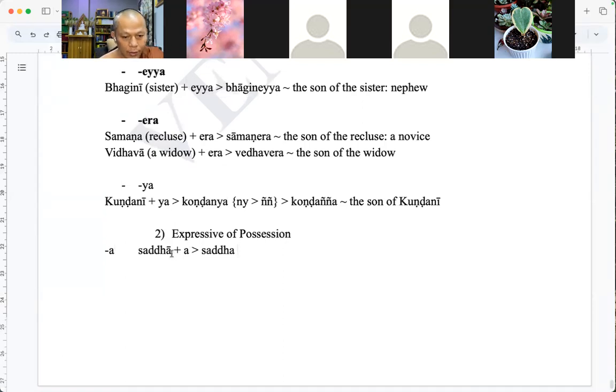So sada is originally feminine. But if we add this a, it can be three genders of adjectives actually. So can be sado, sada, sada in this way, three genders.